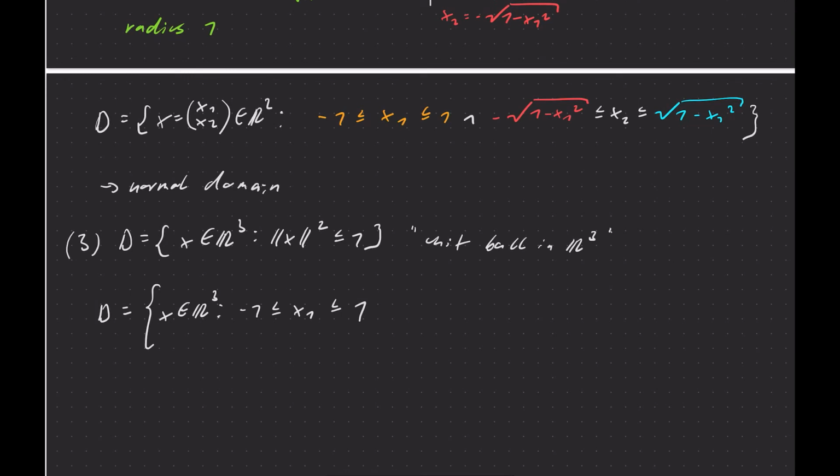So that's where all the possible x2 values lie. So the next restriction is the very same as we just had: minus the square root of 1 minus x1 squared is less or equal to x2 is less or equal to the square root of 1 minus x1 squared.